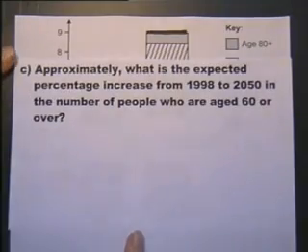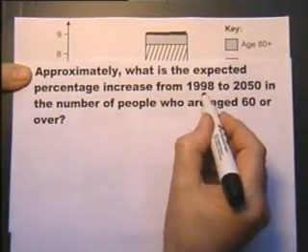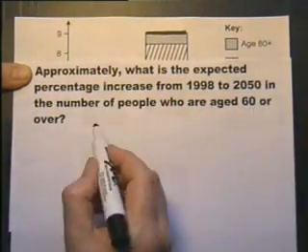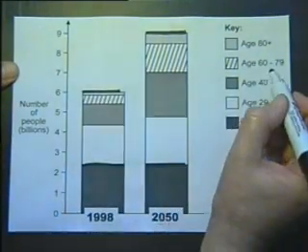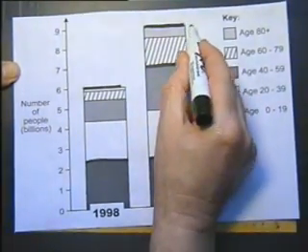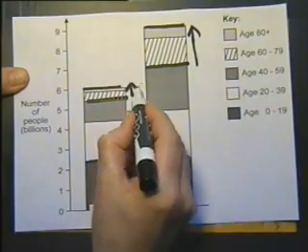Part C, approximately what is the expected percentage increase from 1998 to 2050 in the number of people who are aged 60 or over? So we're looking at 60 or over. So this is 60 to 79, so that's 60 or over, and that's 60 or over.